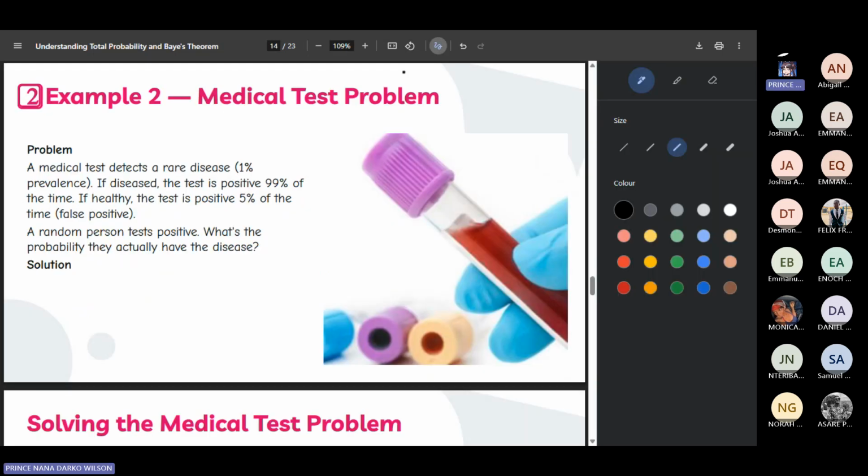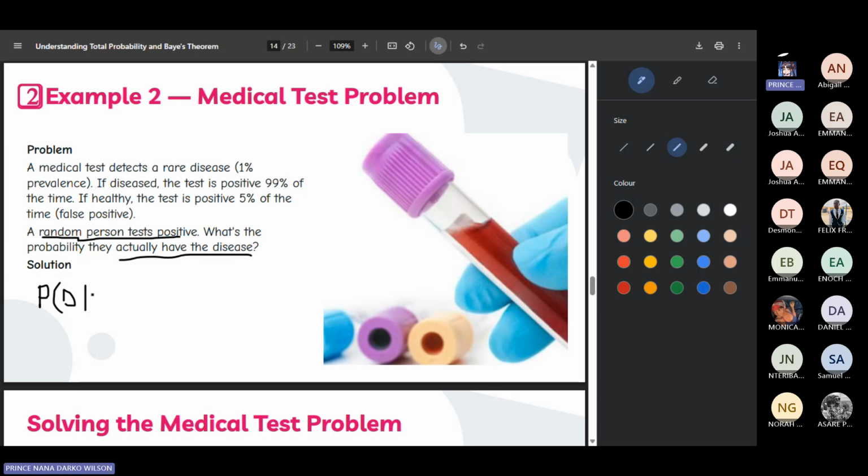What this means is that currently we are looking for the probability that a person has tested positive and also has the disease. Are we clear? In other words, you're looking for the probability that the person has the disease. Let's use D for having the disease.